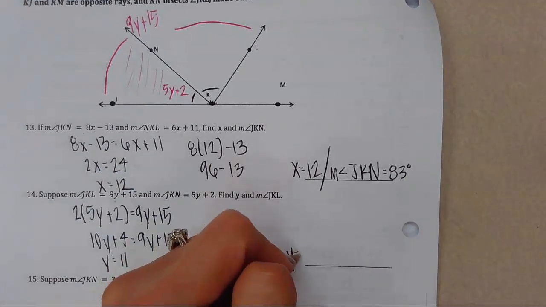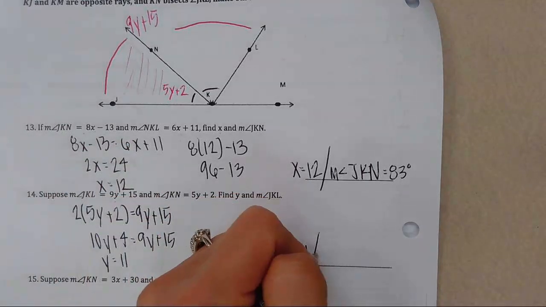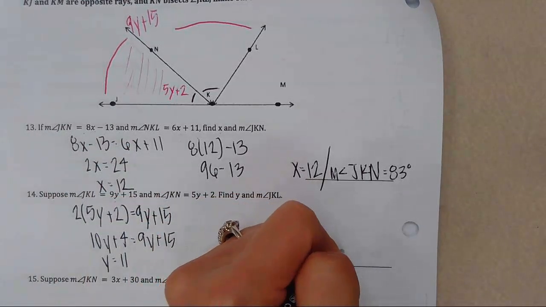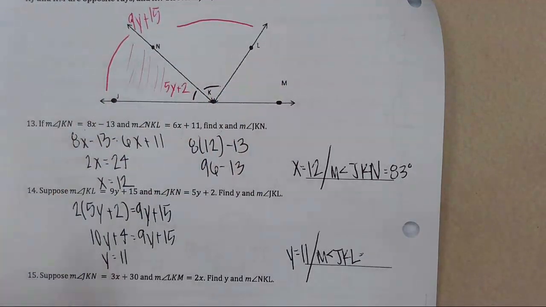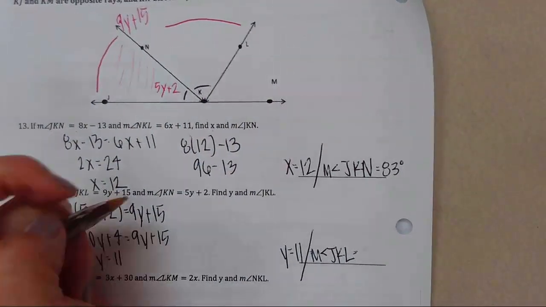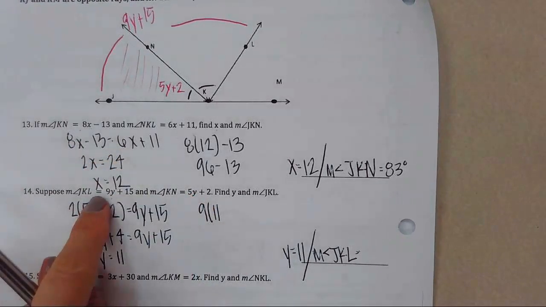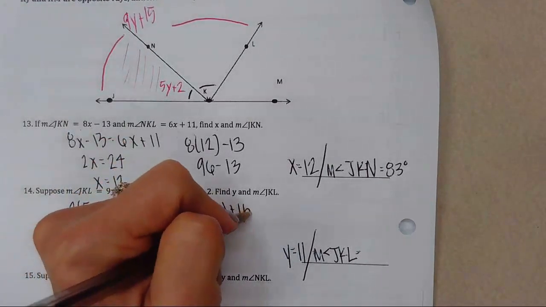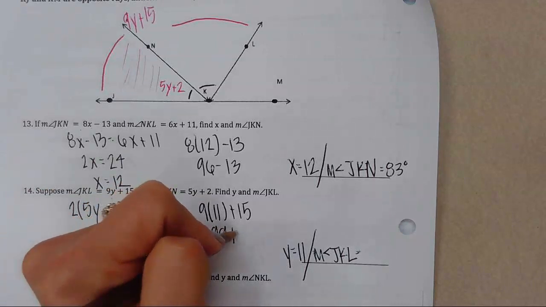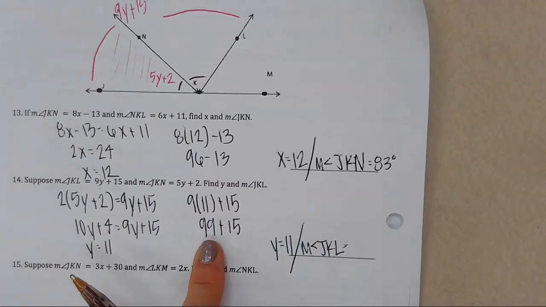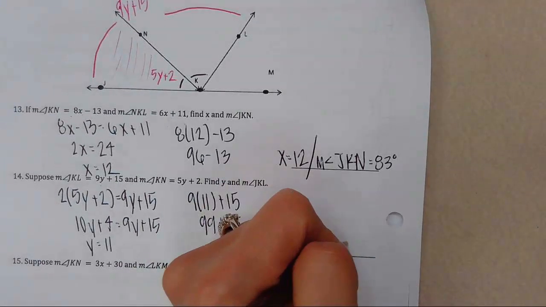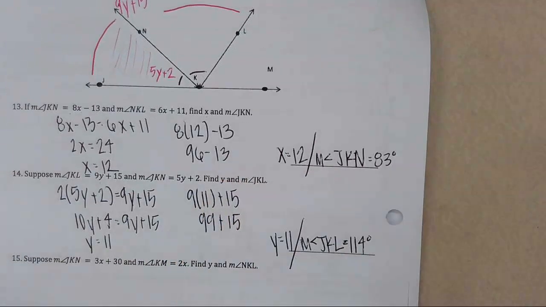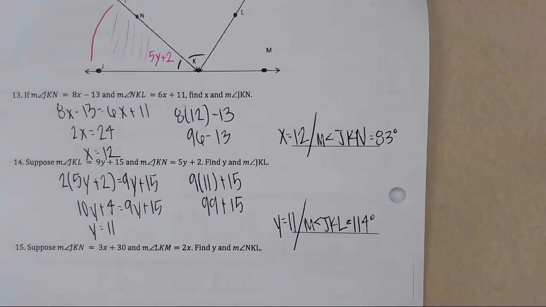Now we're going to find the measure of angle JKL. I'm going to take 9, multiply it by 11, and add 15. 99 plus 15 would be 114. Hopefully my mental math wasn't wrong there.